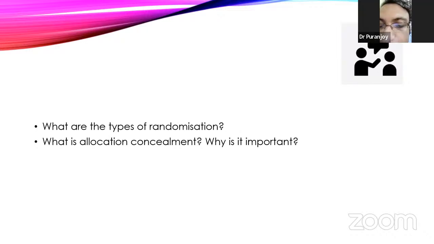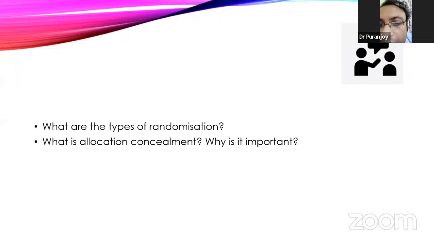Yes, the types of randomization can be simple randomization where we can use a toss of a coin or a dice or an envelope. It can be stratified randomization, where specific covariates which might influence the outcome are accordingly randomized. There can also be block randomization.